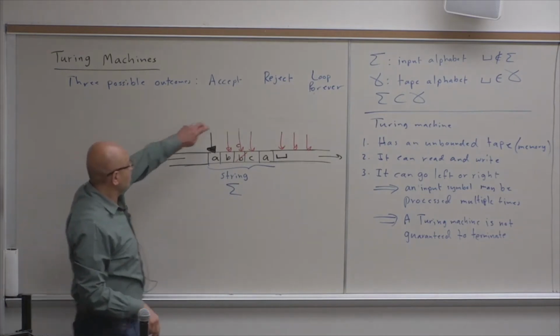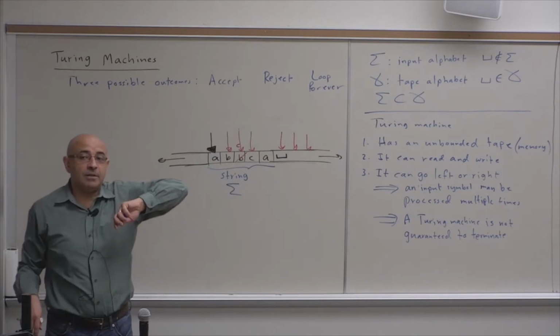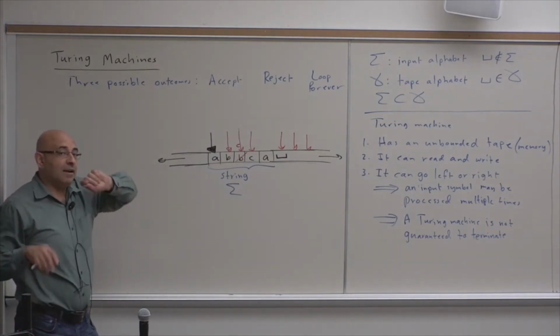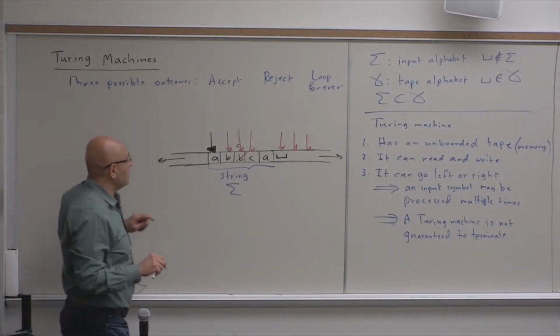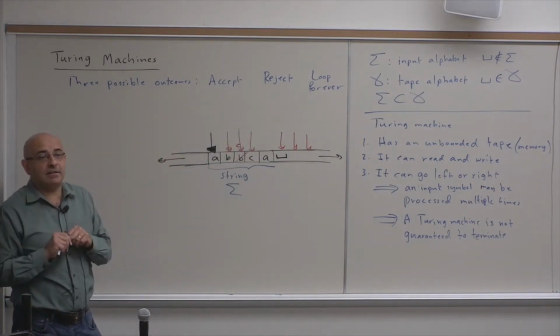Now this outcome was not possible in finite automata and push-down automata. In a finite automaton or a push-down automaton, you either accept or reject. You are guaranteed to terminate within finite time.